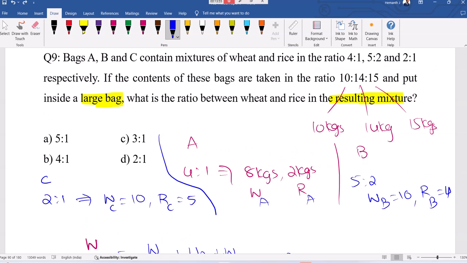And what will be wheat and rice in the resulting one? So it should be 28. Wheat in A 8 plus 10, again 10, 28 correct. Rice is 2 kgs, yes. Next one 4, 6 plus 5, 11. It should be 28 divided by 11 only, dear.